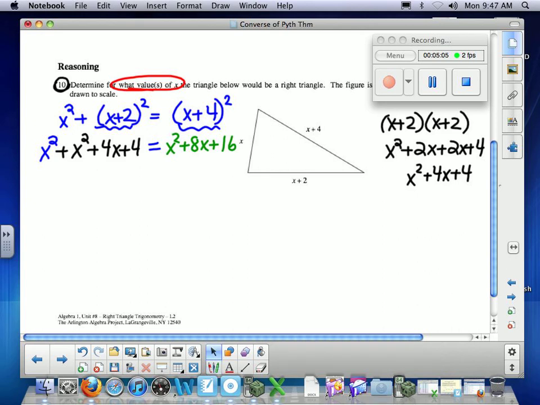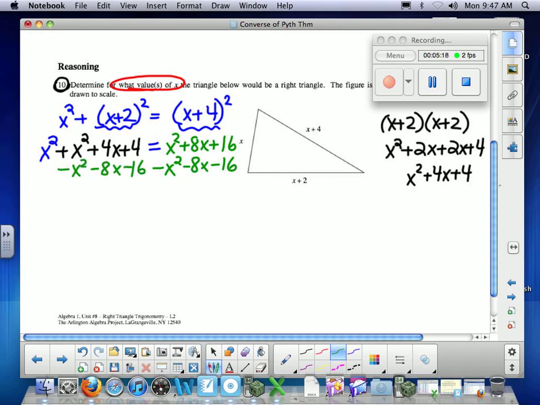Now I'm going to move all of my green to the other side. I'm going to do it all in one step. You certainly could take more than one step to do that. The reason I did that is I needed that side to be equal to 0. I need to have that equal to 0 so then I can factor later.